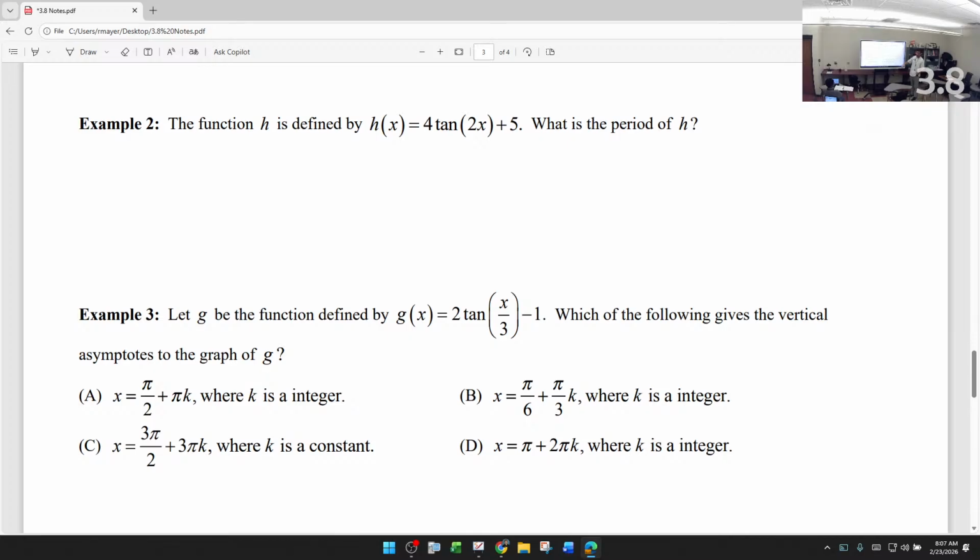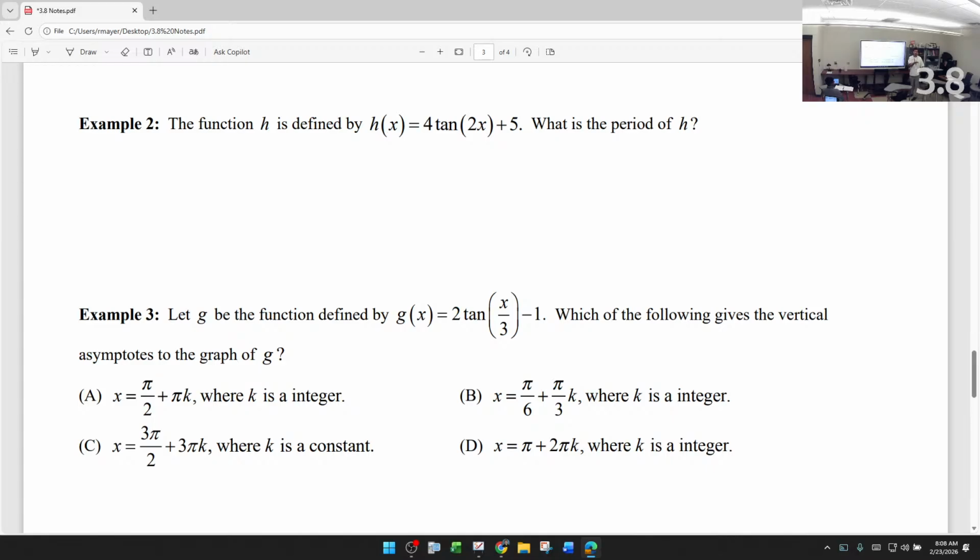We're going to jump to example 2. Can you show us what A would be on the regular tangent? On a regular tangent, A regularly is 1.